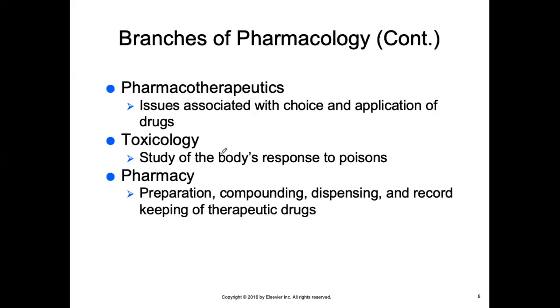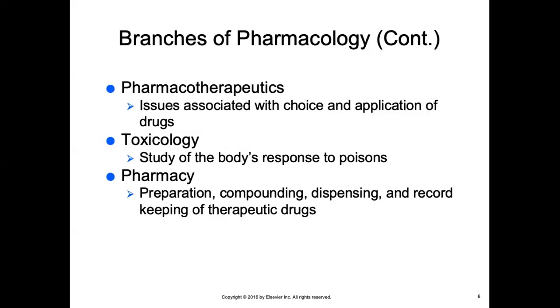Branches of pharmacology include pharmacotherapeutics, where we have issues associated with the choice and application of drugs; toxicology, which is the study of the body's response to poison; and pharmacy, which is the preparation, compounding, dispensing, and record keeping of therapeutics. In toxicology, responses include harmful effects, mechanisms of action, symptoms, treatment, and identification. Pharmacy can also be split into pharmacognosy, which is the mechanical and other sources of the drug.